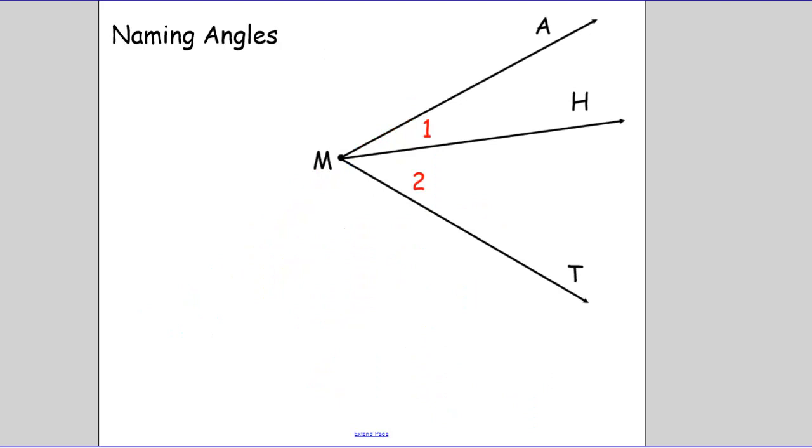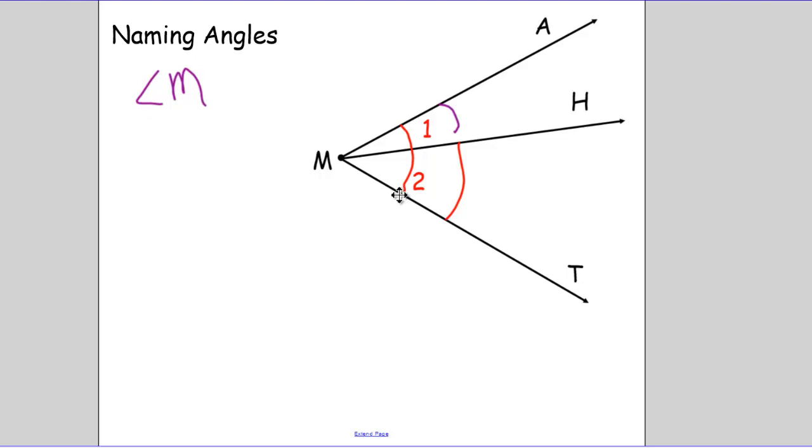Again, I want to talk about naming angles, but I want to talk about something a little bit more specific. Angle M. I don't know which angle M that is. That could be the smaller angle, AMH, or HMT, or the whole big angle.